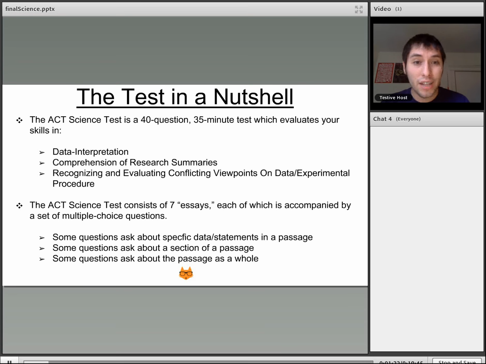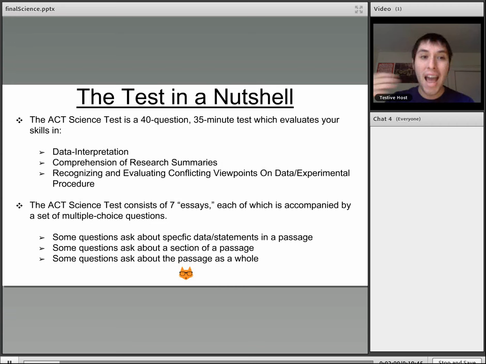And if you look at what it's evaluating, it evaluates skills in data interpretation, comprehension of research summaries, recognizing and evaluating conflicting viewpoints on data, and experimental procedure. Because of what it's testing, you not only have to answer more questions than you have minutes to answer in the exam, but you also have to answer those questions in conjunction with reading data that will be provided for you, research summaries that will be given to you, blurbs on different scientists' viewpoints on different topics.